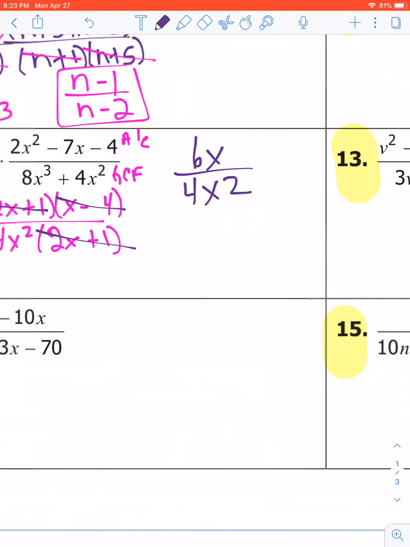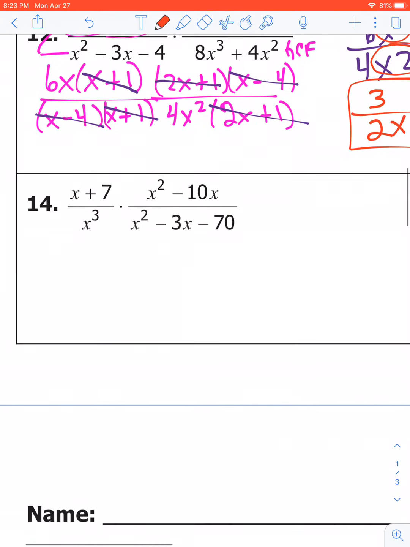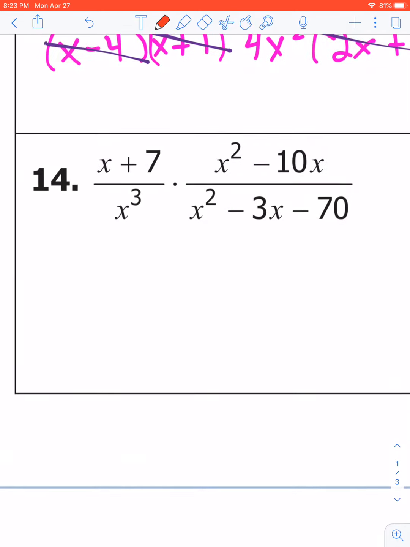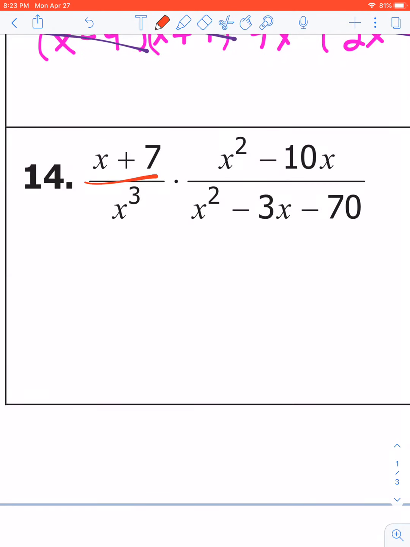So 6 over 4 is going to reduce to 3 over 2, and an x on top and two x's on bottom give me 3 over 2x. So again, if you were successful with the new learning 2 weeks ago, this is really just more factoring and then you cancel.